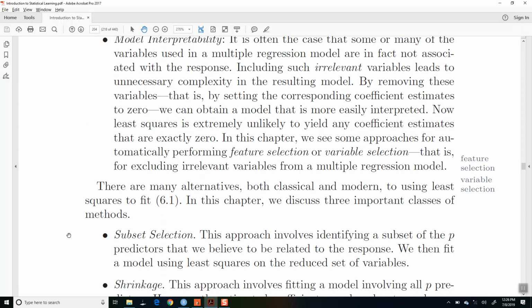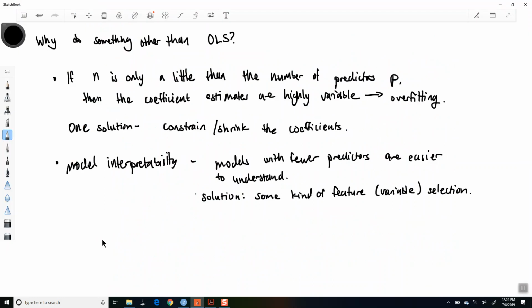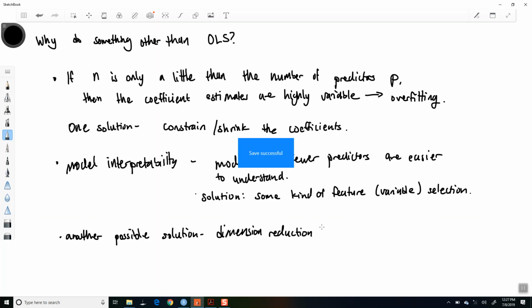Okay, so these are kind of the solutions that we've got: subset selection and shrinkage, which I've mentioned already, and then another one is dimension reduction. Okay, so another solution that addresses both is dimension reduction.